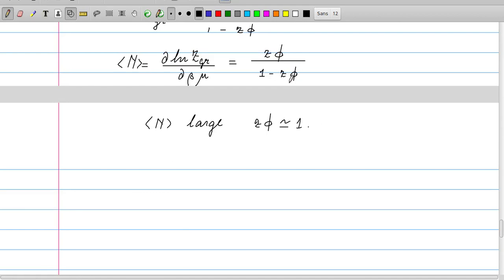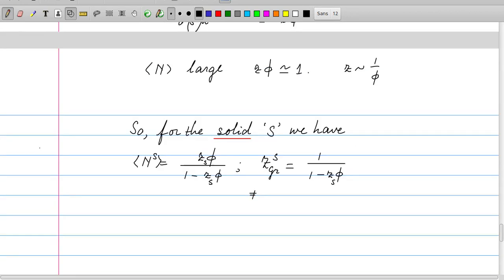That means that the denominator here is very small, and if that is the case, we see that z is more or less 1 over phi. So in summary, for the solid S, the number of particles in the solid is given as z_S phi over 1 minus z_S phi, and the grand canonical partition function of the solid is given by 1 over 1 minus z_S phi.